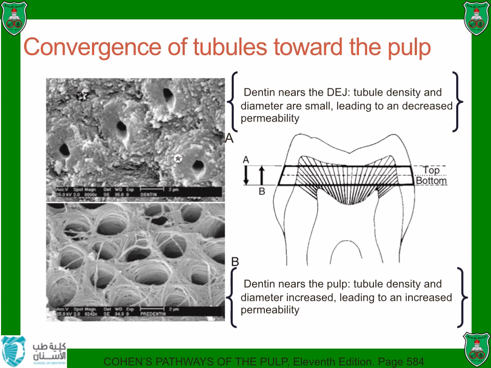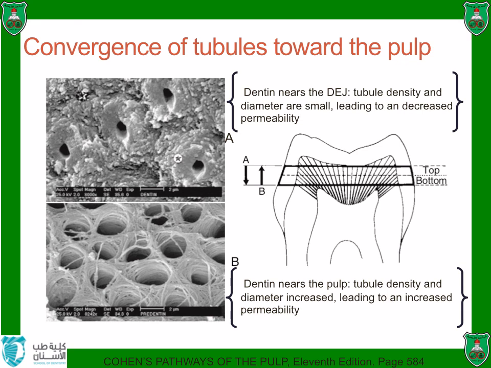This means that deeper dentine close to the pulp is more permeable because both the diameter and the density of dentinal tubules have increased. This permeability issue magnifies the importance of using liners and bases in deep cavity preparation because we are very close to the pulp.